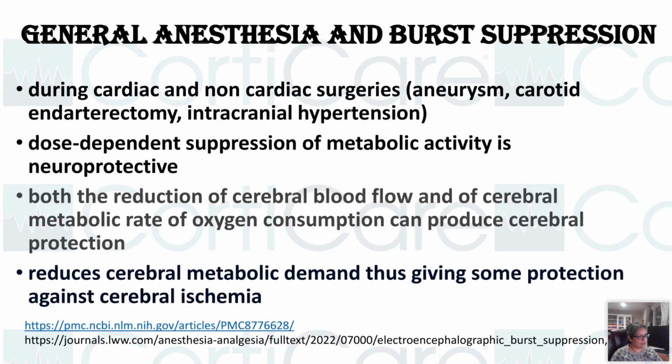So how can you decrease the metabolic demand of the neurons? By decreasing the cerebral blood flow and decreasing the cerebral metabolic rate of oxygen consumption. By these two mechanisms, the activity in the brain can be decreased, or quote unquote suppressed, to provide cerebral protection during the surgery.